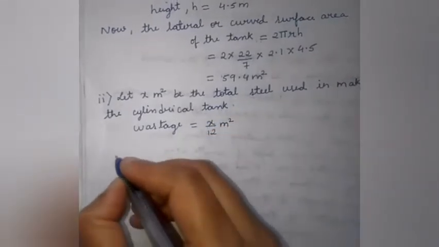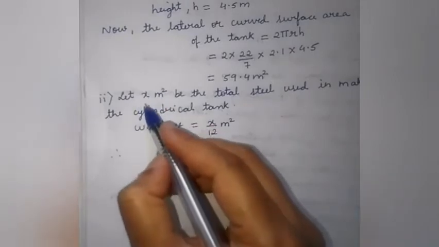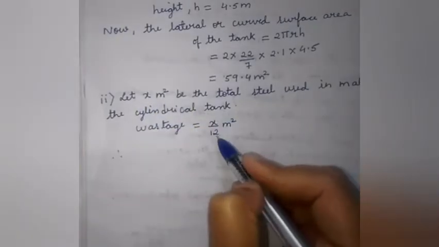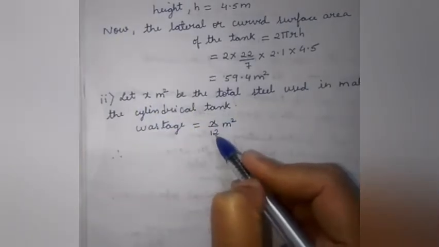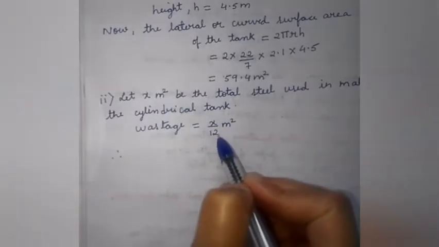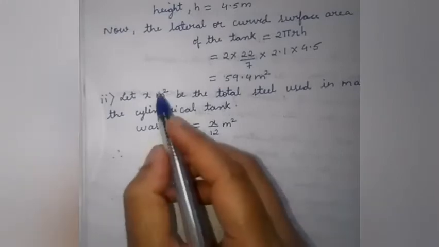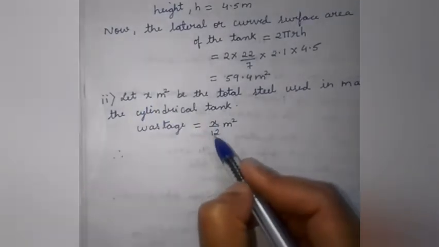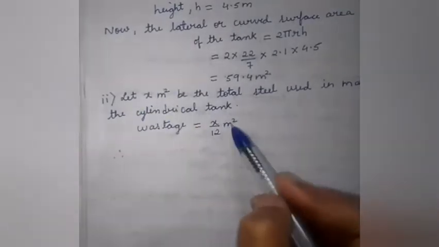Then actual steel used, therefore, if x is the total steel required and x divided by 12 is the wastage, then actual steel used will be equal to x minus x divided by 12. So this is the actual steel used and this is the wastage.